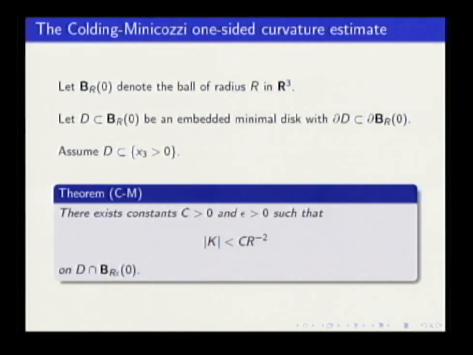There exist universal constants, C, perhaps very big, and epsilon, perhaps very small, such that the curvature on a ball of radius epsilon is bounded by C. The r is just what I can do by scaling. So for the unit ball, it says there are universal constants such that if you have this piece of the surface getting near the origin, within epsilon of the origin, its curvature is bounded, no matter what.